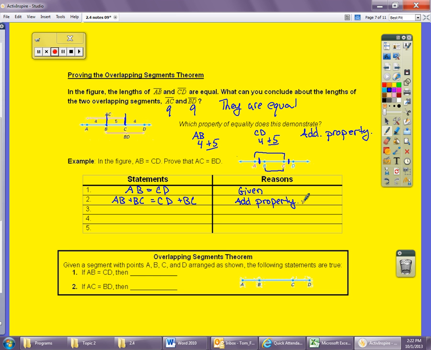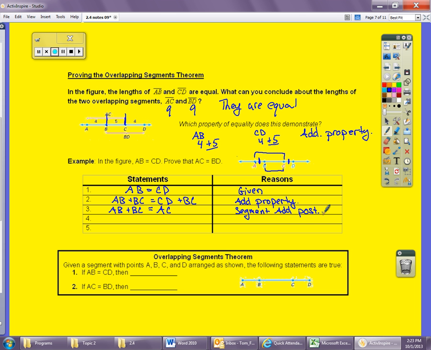Now, what else do we know about this? Well, AB plus BC, that's going to give us AC. The reason? You have to think back to the last unit. That's our segment addition postulate.